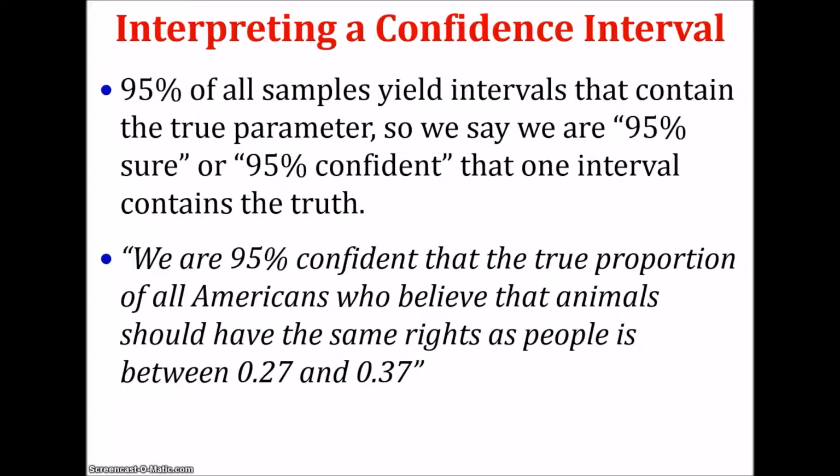So we interpret a confidence interval by saying something like, we're 95% confident that the true proportion of all Americans who believe that animals should have the same rights as people is between 0.27 and 0.37. The true proportion of all Americans who believe that animals should have the same rights as people, that is our parameter, and we're 95% confident that the parameter is in the interval.